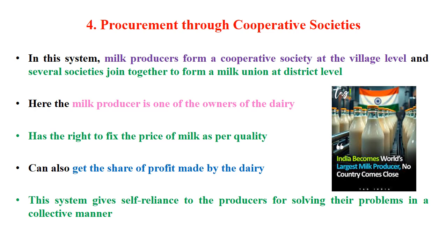Every farmer becomes part of it, so they get a share of the profit. In this system, there is self-reliance for the producers to solve their problems in a collective manner. Not only that, in this system they support dairy farming by giving inputs in all other aspects, which we will discuss later.